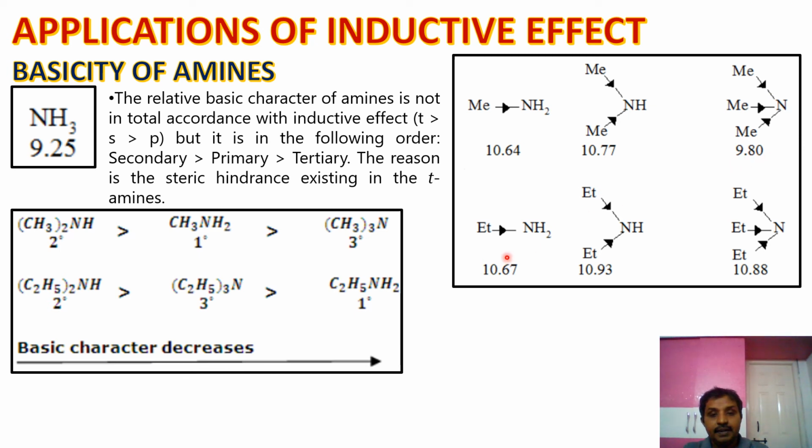Here ethylamine, then secondary diethylamine, tertiary triethylamine. In both cases, the secondary amines, that is dimethylamine and diethylamine, have more pKb values, so they have a stronger basic nature.